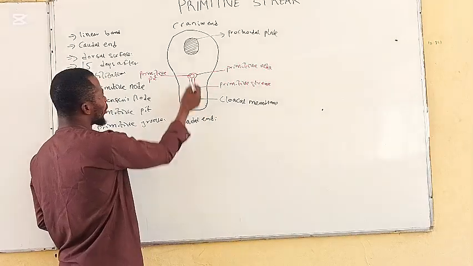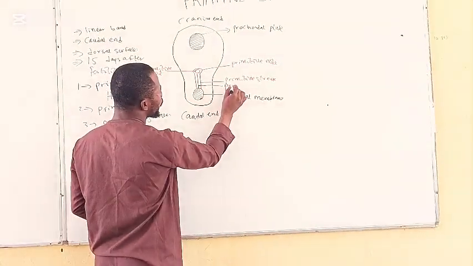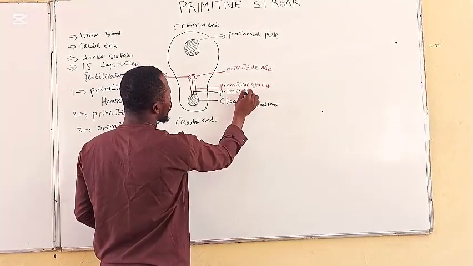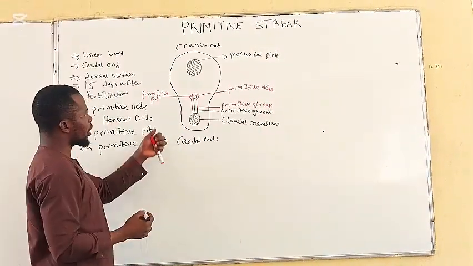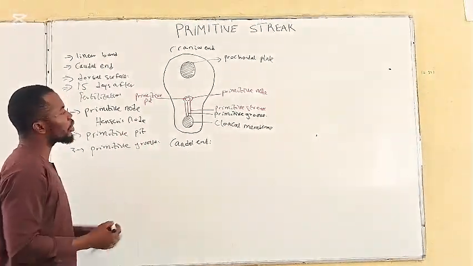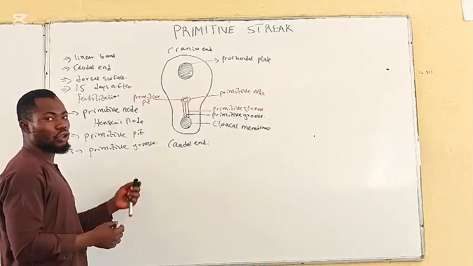And lastly, the groove that extends along the primitive streak is called the primitive groove. So this diagram here is showing us the primitive streak, the primitive node, the primitive pit, and the primitive groove.